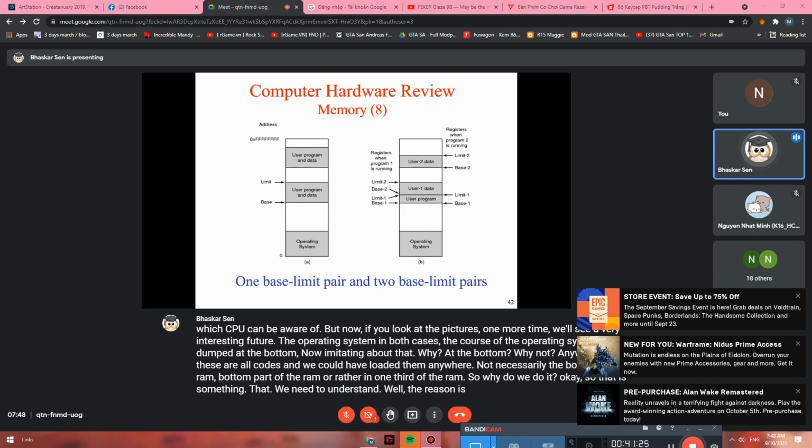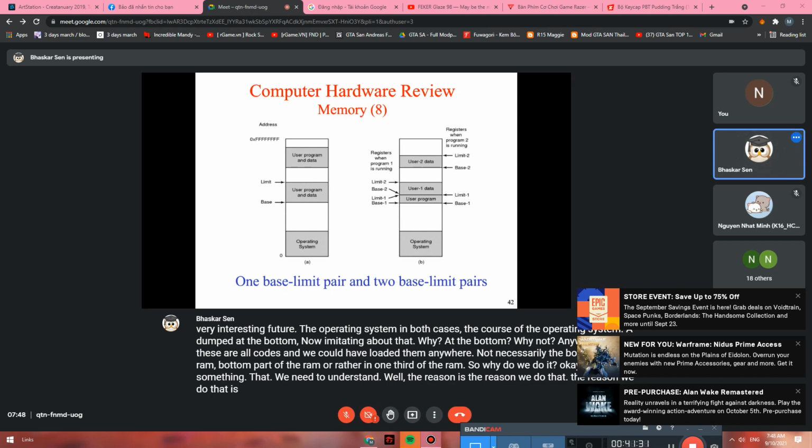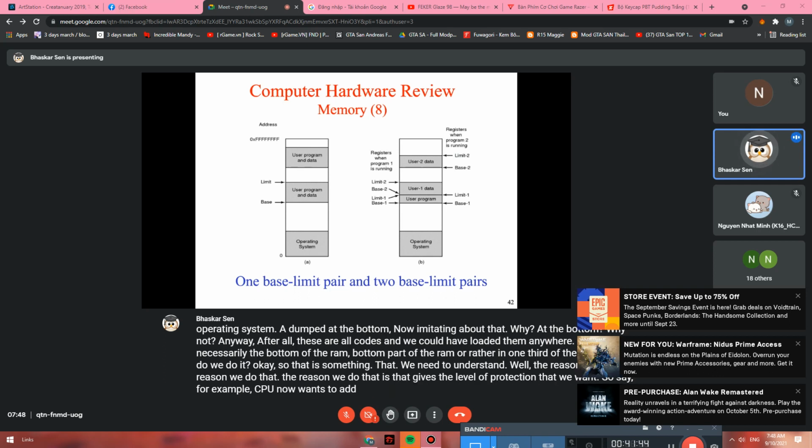the reason we do that is that it gives the level of protection that we want. So say, for example, the CPU now wants to read the instructions from a particular address in the memory.